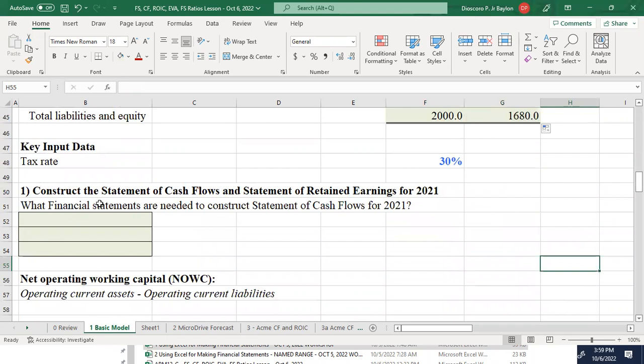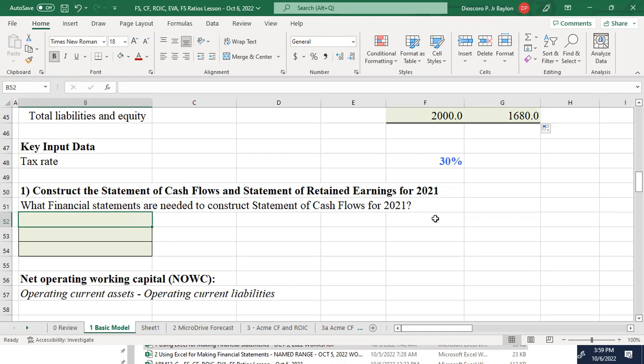Okay, so let's answer this question. We're now in the process of constructing the statement of cash flows and the statement of retained earnings. Or sometimes the bigger one is a statement of changes in your shareholders' equity. Okay. So first, what financial statements are needed to construct the statement of cash flows for 2021?